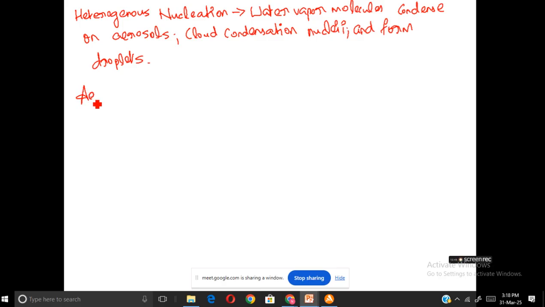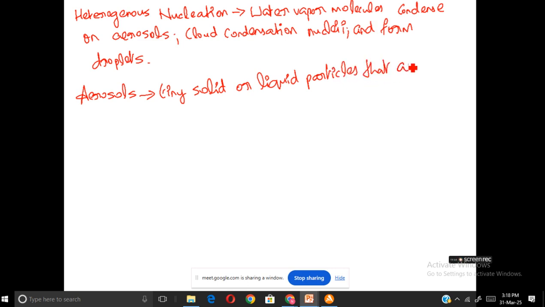So aerosols are basically tiny solid or liquid particles that are present in the atmosphere.